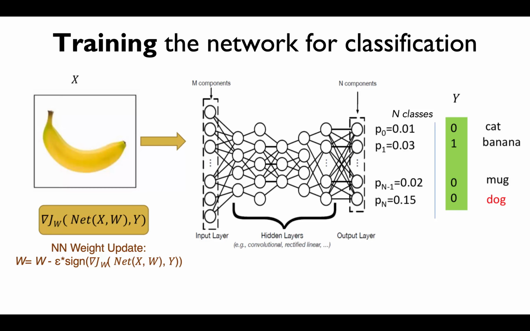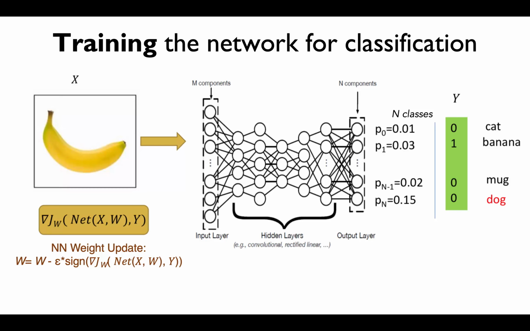And for this, we actually make use of the gradient, and we make increments in the direction opposite to that of the gradient. This is because the gradient points towards the direction of the steepest ascent. If you want to maximize, you go in the direction of the gradient, but if you want to minimize, you go in the opposite direction.